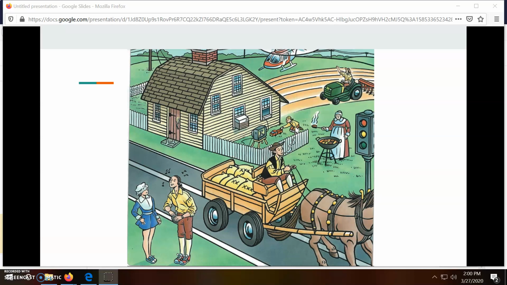So go ahead, look at the picture, and write as many sentences as you can describing some things that are wrong. There should be 16 things in total. Try to find as many as you can. I'll give you a few minutes.